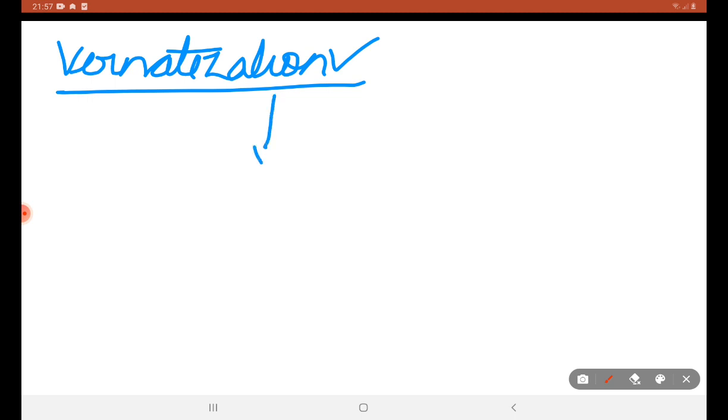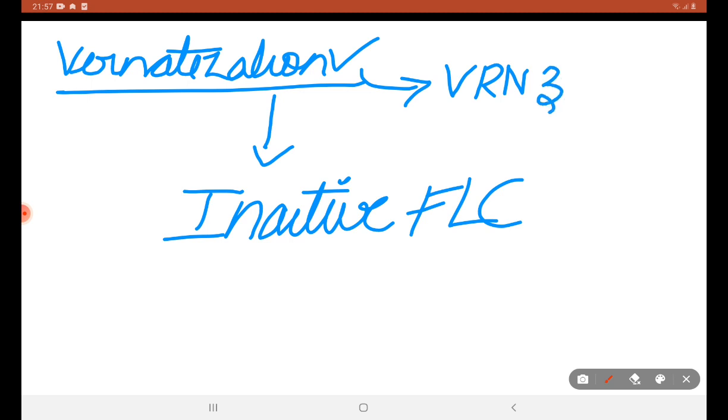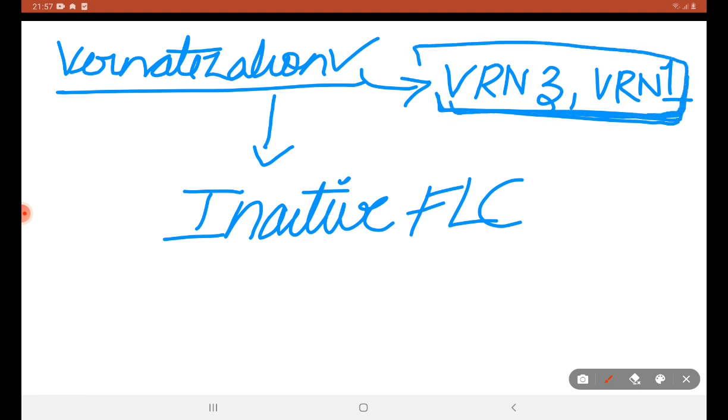Vernalization will inactivate FLC, flowering locus C. Vernalization has VRN3 and VRN1. These are the key components. I said that these two components will be activated by vernalization. These two components will go and inhibit FLC.